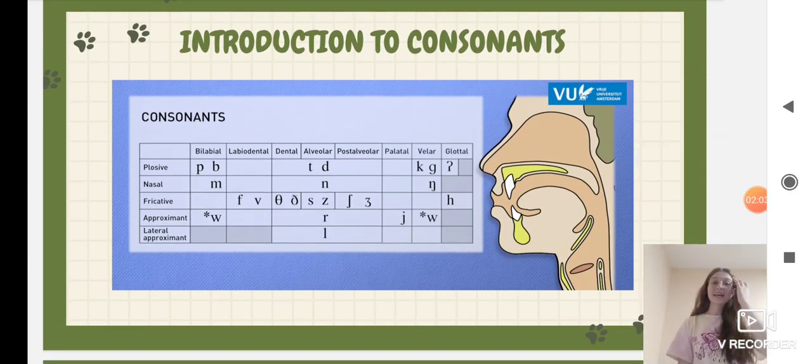Again, we have an introduction to consonants. Consonants are denoted in a consonant grid. This is the IPA consonant grid that includes consonants in the English language. Different from vowels, in consonant pronunciation we modify the airflow.